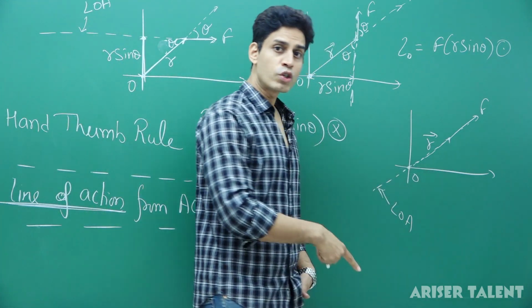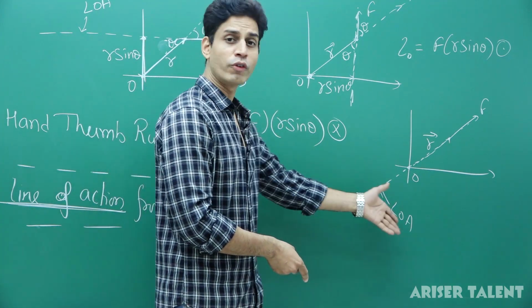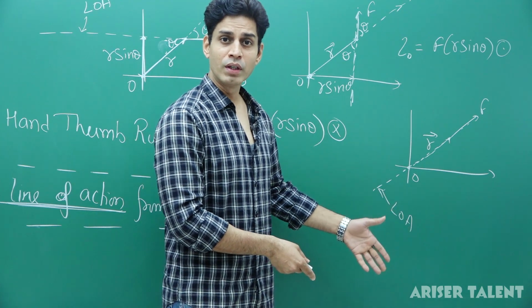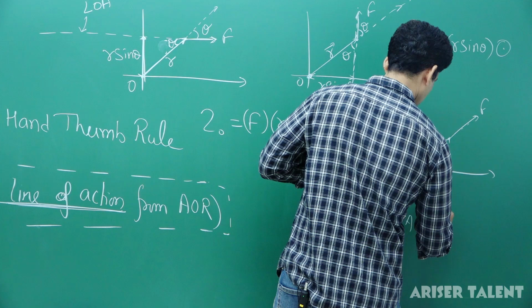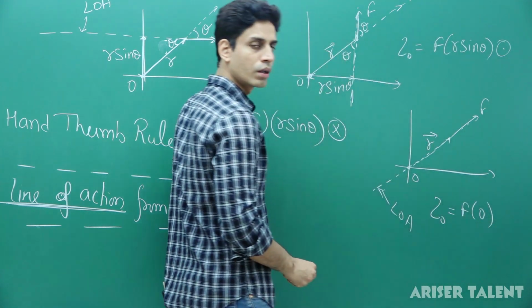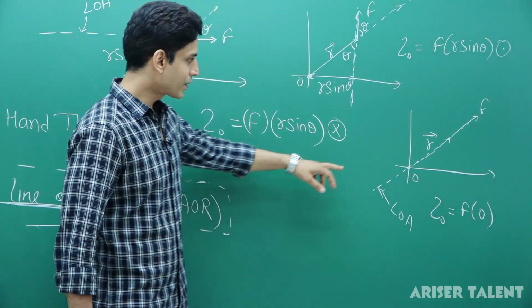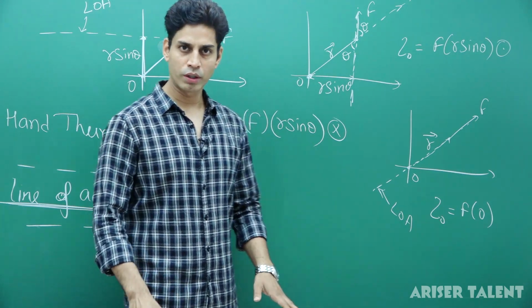Now, the line of action of force is passing through the axis of rotation itself. And if the line of action is passing through the origin itself, then the torque will be what? 0. So torque about O is F into 0. Got it? Now this part is clear: if the line of action is passing through the axis of rotation itself, then there will be no torque.